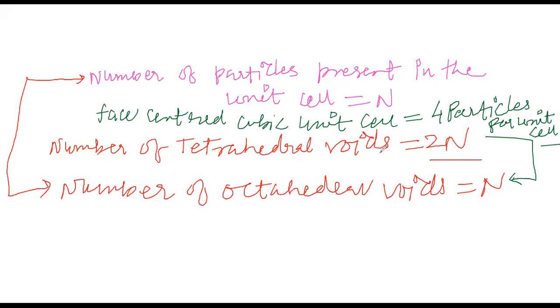And therefore it has 2 into 4, that is equal to 8 tetrahedral voids, and it will have 4 octahedral voids. And that is what we have seen by the different pictures. We have tried to understand that.